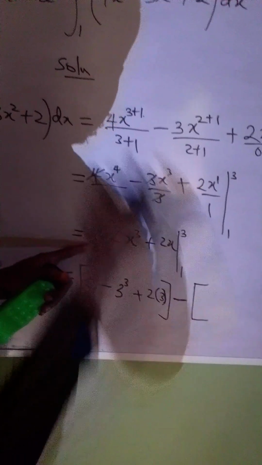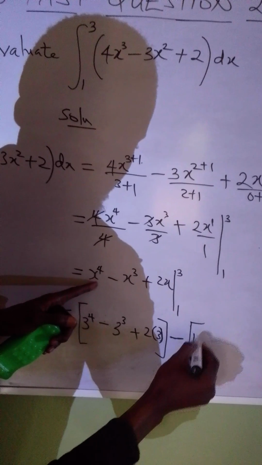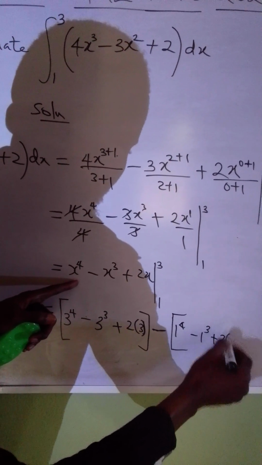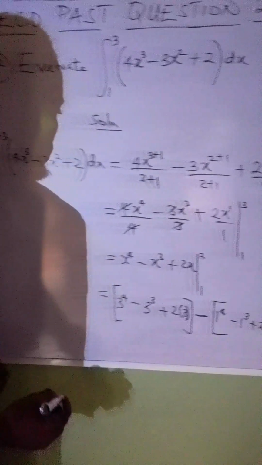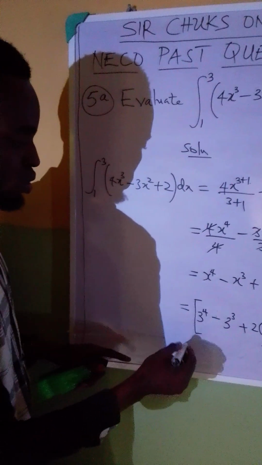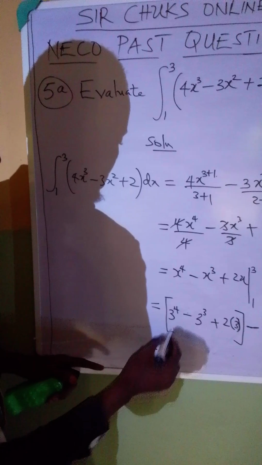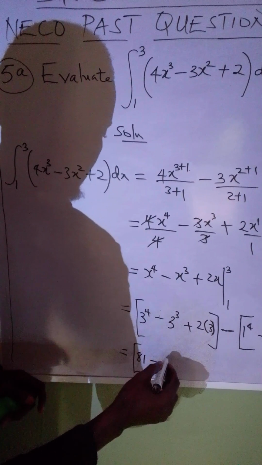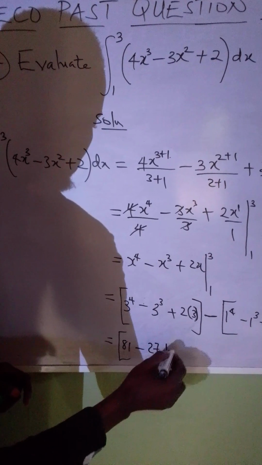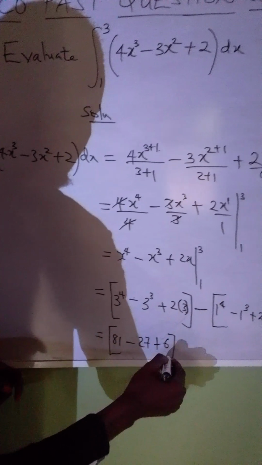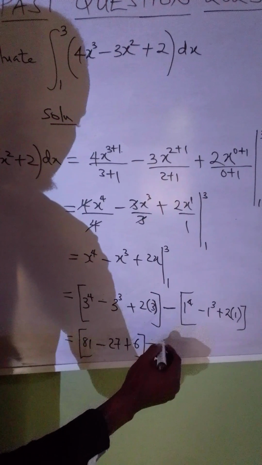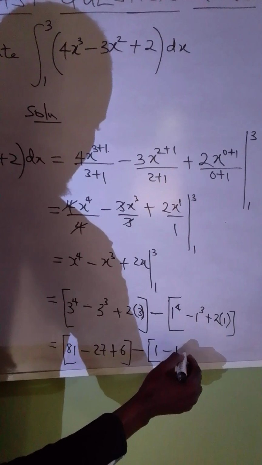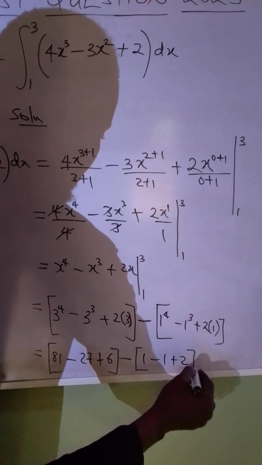So the lower limit is 1, so I have 1 raised to power 4 minus 1 raised to power 3 plus 2 bracket 1, which is equal to, alright, 3 raised to power 4 will give us 81, minus 3 raised to power 3 is 27, plus 2 times 3 is 6, then minus 1 raised to power 4 is 1, minus 1 raised to power 3 is 1, plus 2 times 1 is 2.